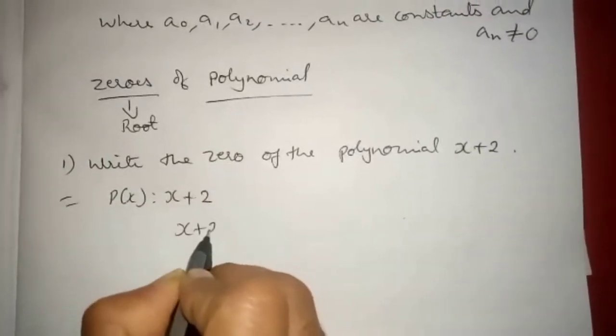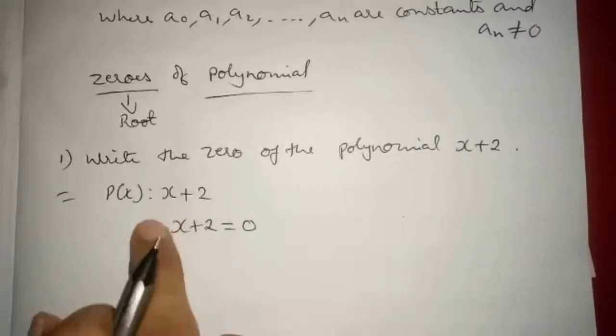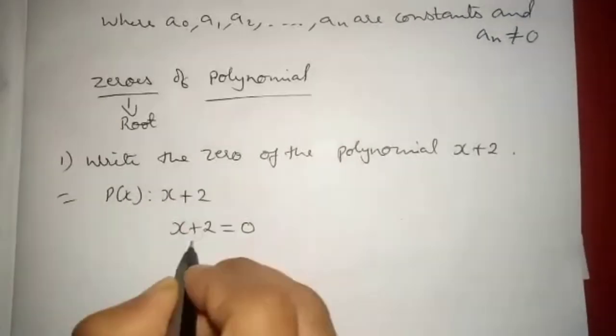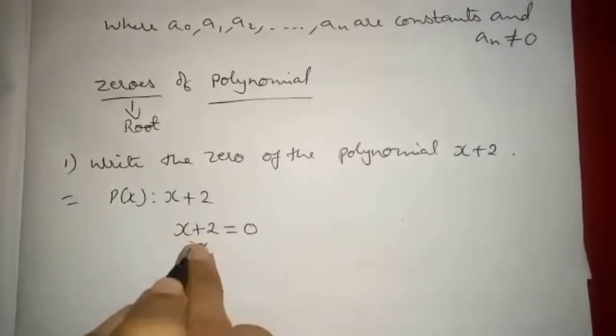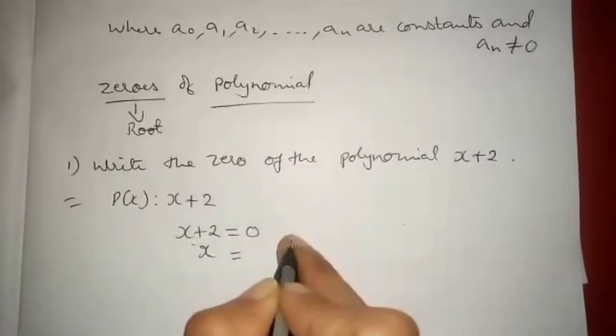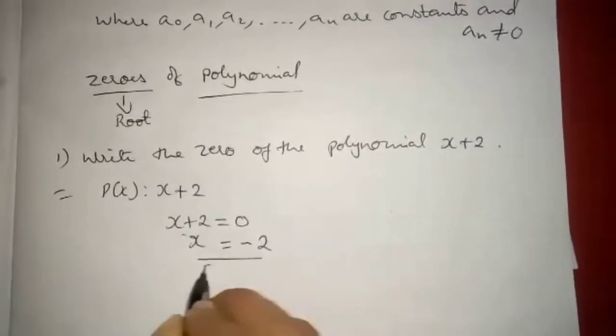So x plus 2 is equal to 0, and you have to find the value of x; that is the zero or root. You want x, right? You keep x, then take the rest to the right hand side. When you take plus 2 to the other side, plus becomes minus. So x equals minus 2.